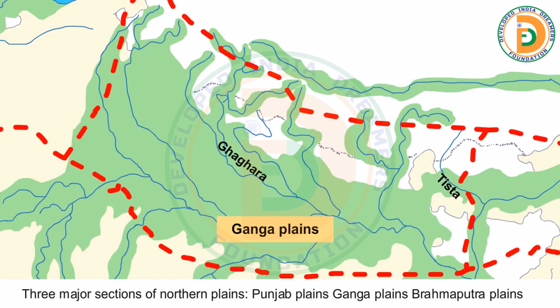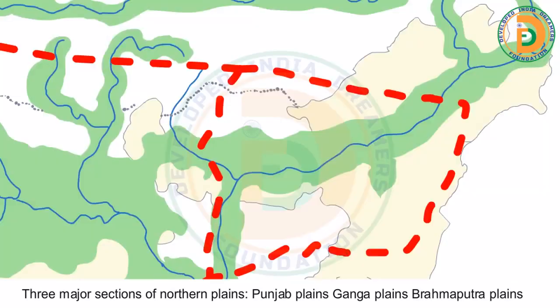It is drained by the rivers Ganga, Yamuna, Ghagra, Gandak, Kosi and Teesta from the Himalayas and Chambal, Betwa, Son and Damodar from the plateau in the south. 3. Brahmaputra Plains, the eastern section of the northern plain, lies in Assam.